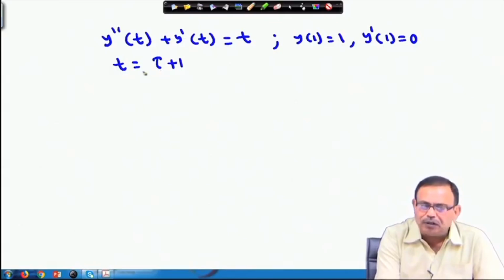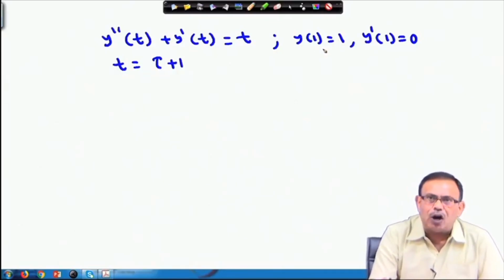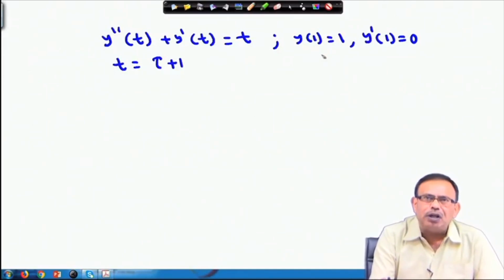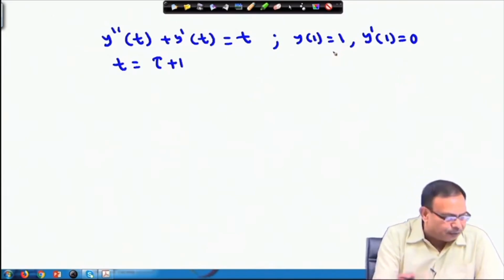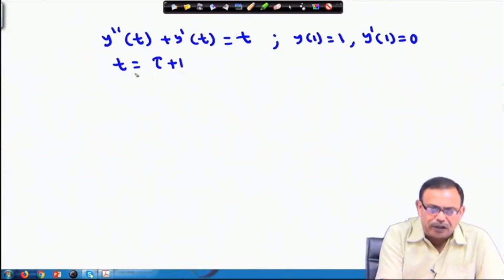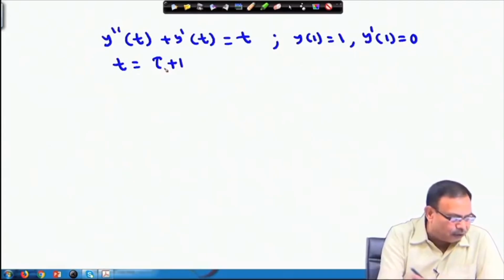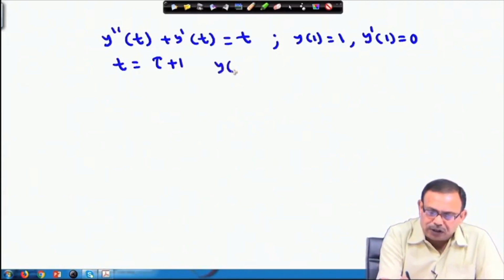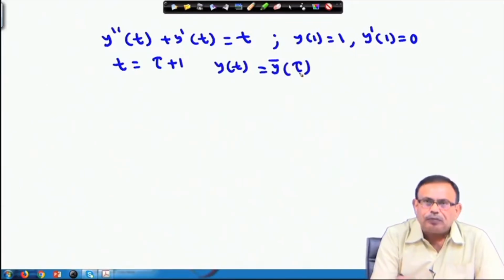Once I get this, the conditions also change, and we will obtain the conditions on the value of y and y dash at tau equals 0, not at t equals 1. So, whenever I take t equals tau plus 1 and y(t) equals a new function y bar of tau, because y(t) now will be a function of tau, so I am mentioning it as y bar.